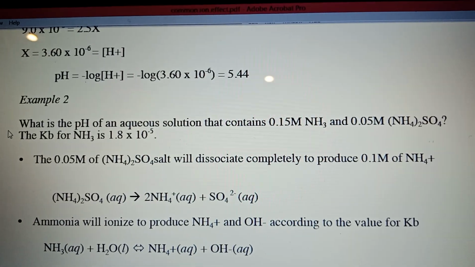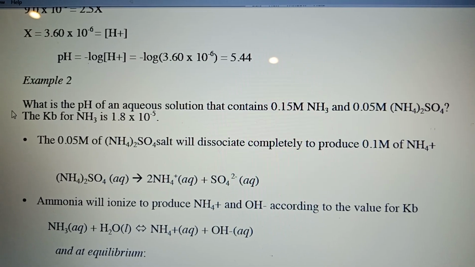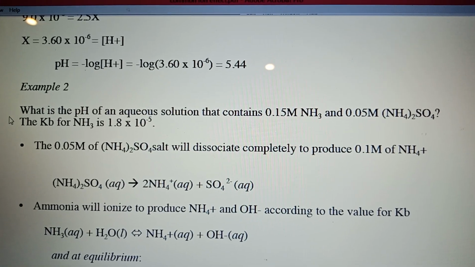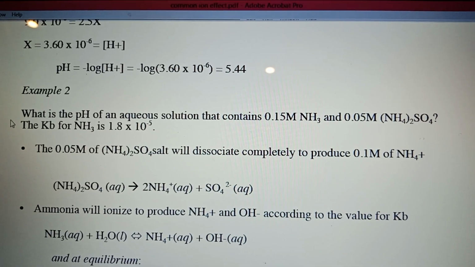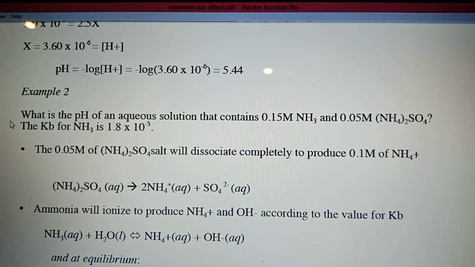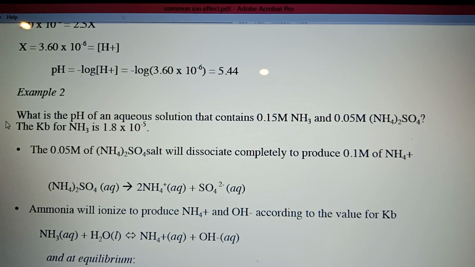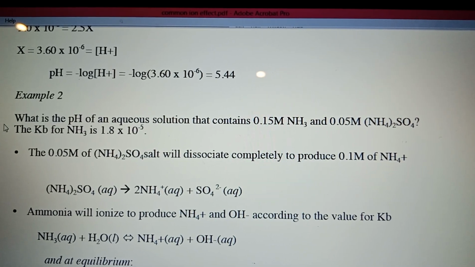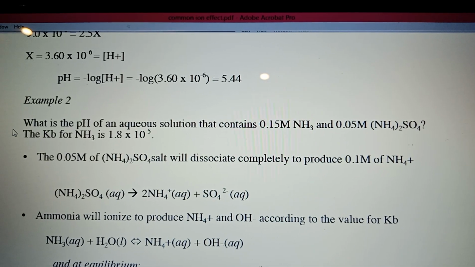Now let's take another example where the question is, what is the pH of an aqueous solution that contains 0.15 molar of ammonia and 0.05 molar of the salt, that is ammonium sulfate, which is actually derived from the sulfuric acid and ammonia.